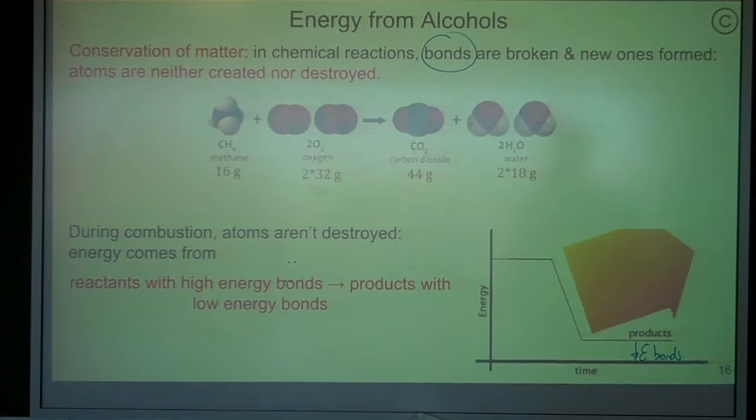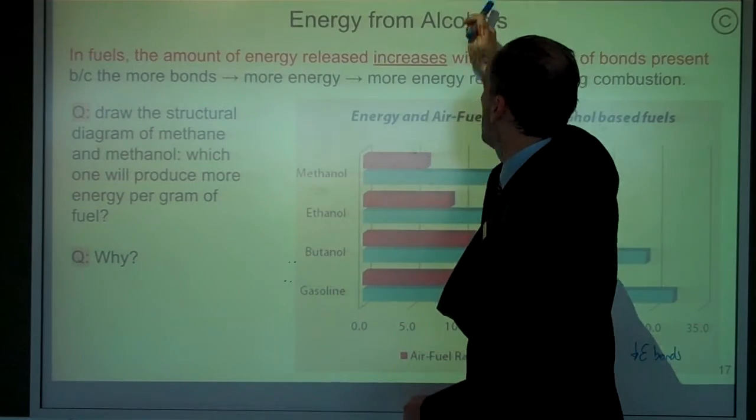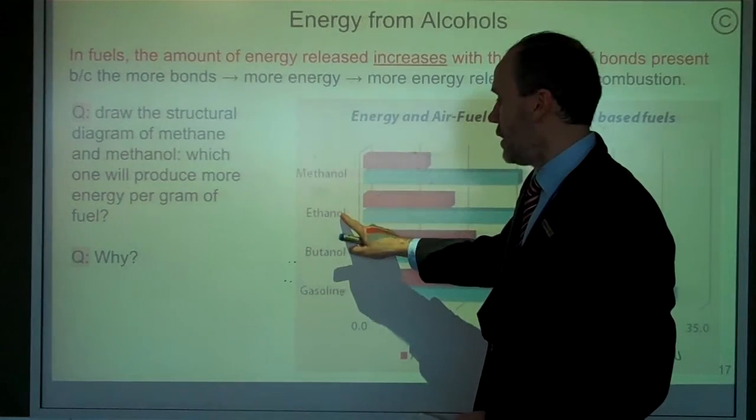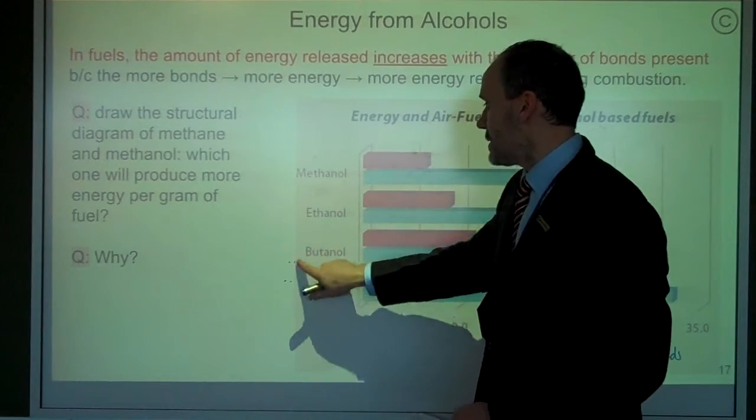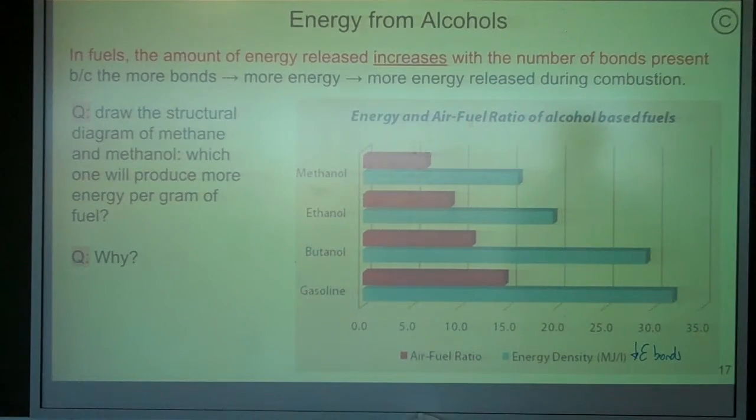On the sheet that I gave you, there was an additional piece of information I made you write down. The longer the chain, the higher the energy derived. Let's have a look at that. What does that mean in real life? This is methanol, right? Methanol, ethanol, butanol, and gasoline, which is probably 6, 7, or 8 carbon chains.